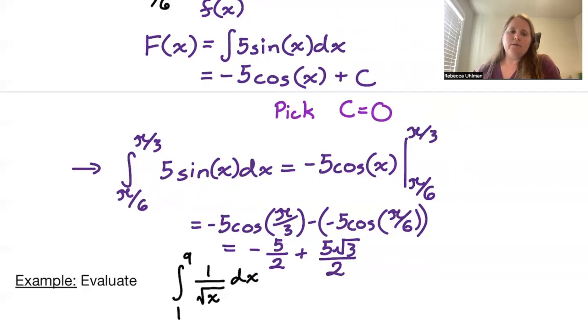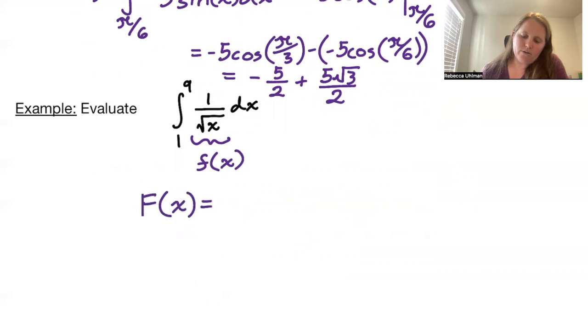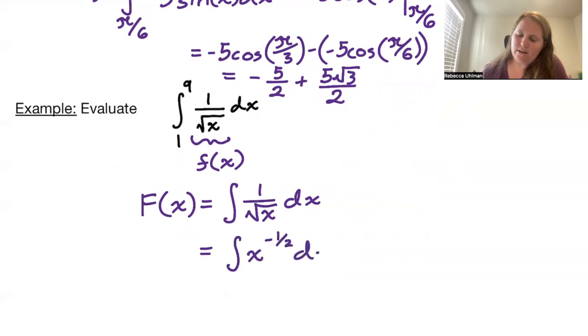Finally, let's go ahead and evaluate the definite integral from 1 to 9 of 1 over square root x. This 1 over square root x is acting like our lowercase f of x. Our capital F of x should be an integral of 1 over square root x dx, otherwise known as an integral of x to the negative 1/2 dx.